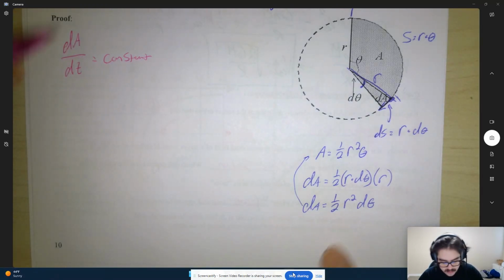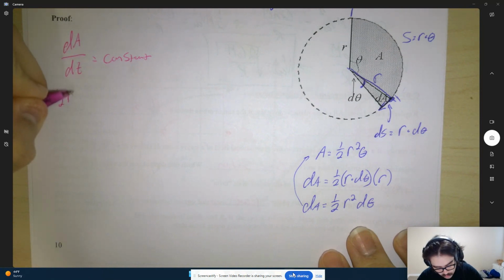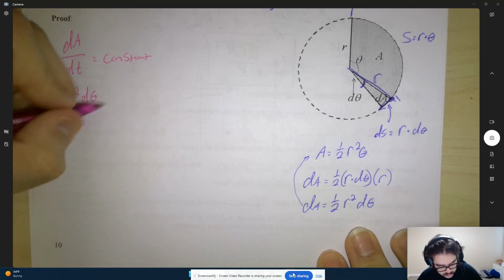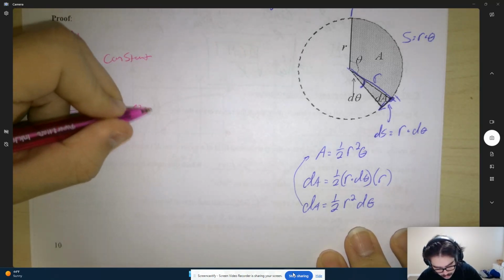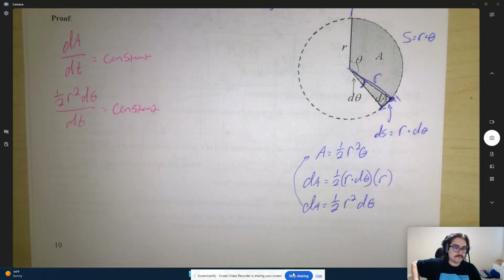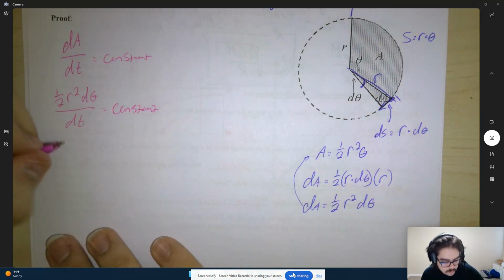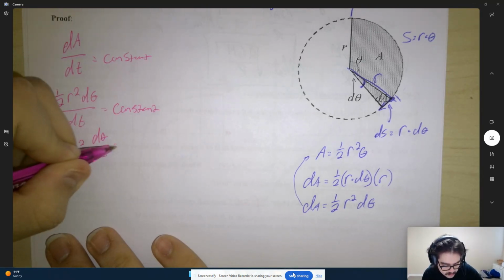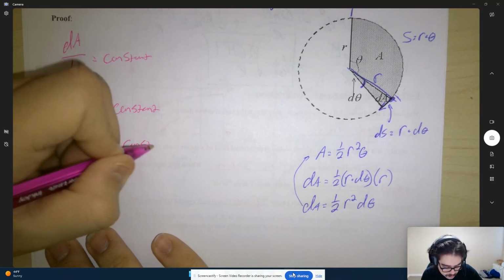Well, dA I already got is 1/2 r squared d theta over dt. This is constant still.